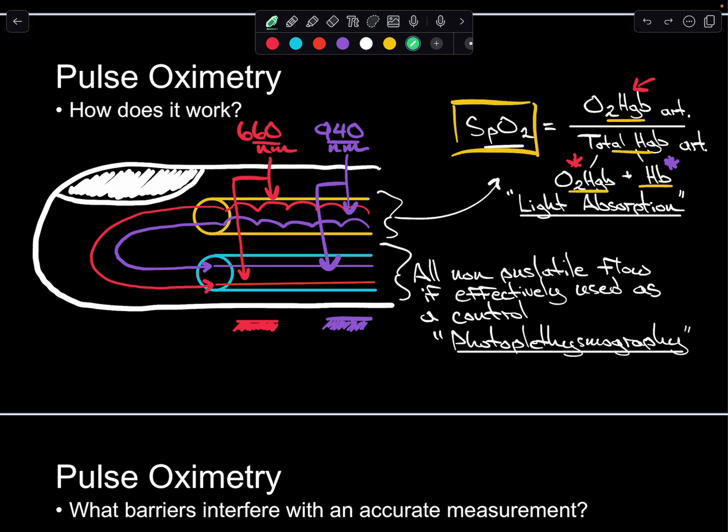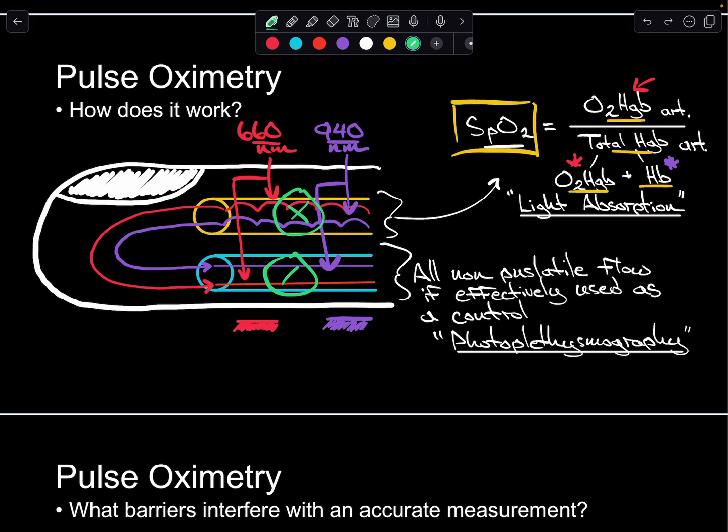Now, the pulse oximeter can determine if your blood is pulsating or non-pulsating. And that's important because then it can determine if it's looking at the arterial pulsating blood, or if it's looking at the venous non-pulsating blood. It does this through a process called photoplethysmography. That's just where it can see the volume changes with the pulsation.